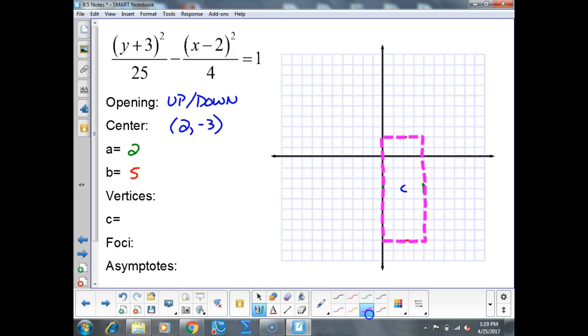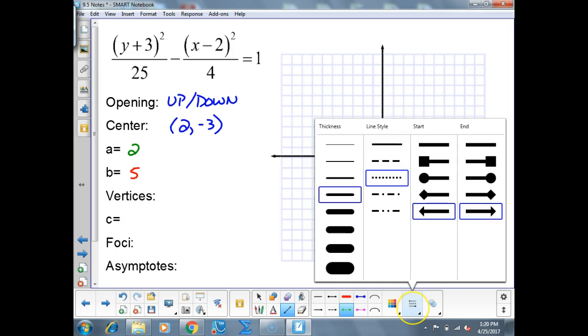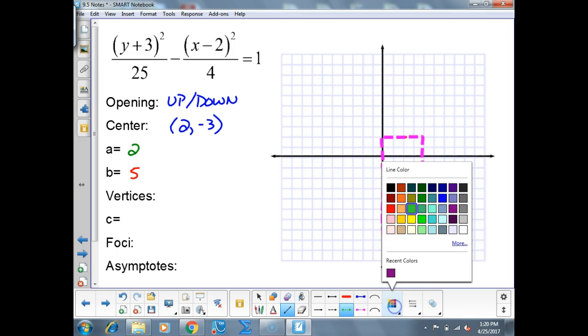Pretty close. Now what? Not vertices yet. What do I got to draw in? I'm drawing my diagonals.